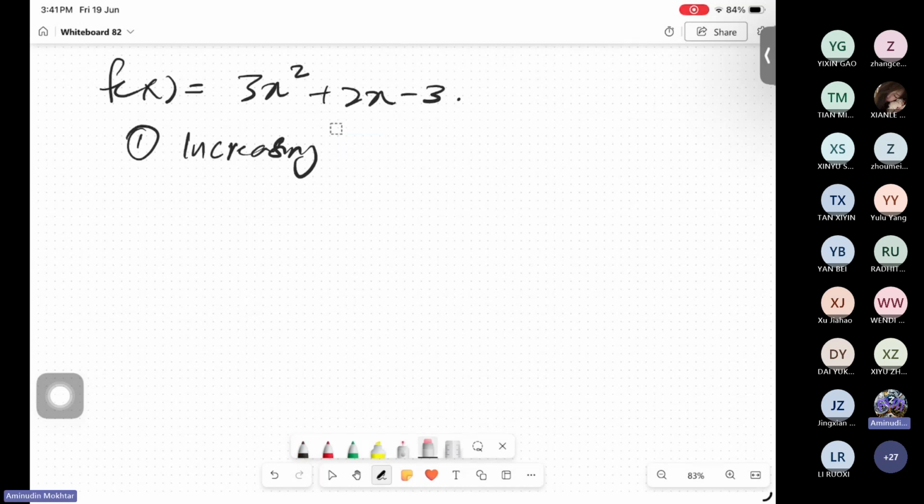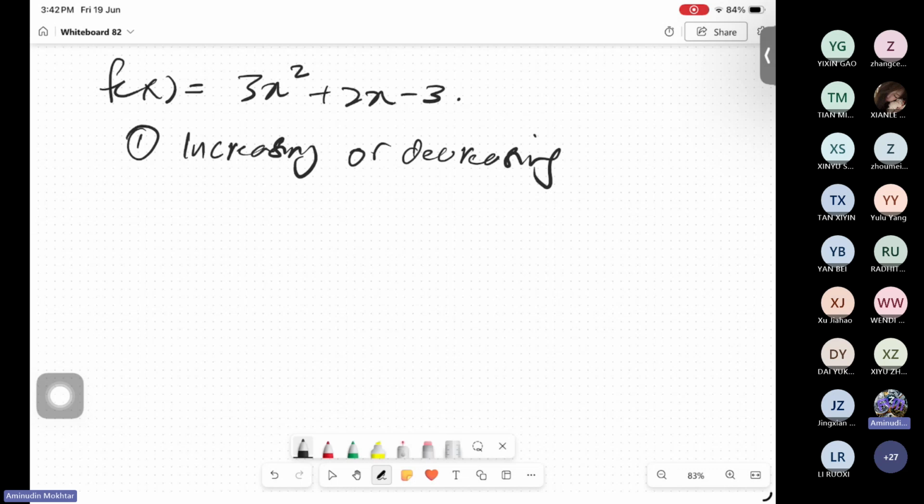Find the range where the function is increasing and also where the function is decreasing.